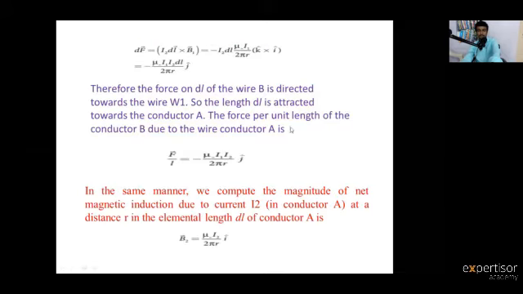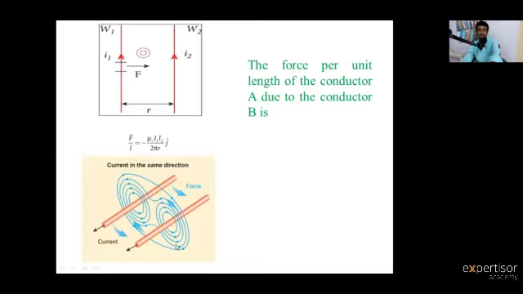Before, the equation was the force generated on conductor 1 by conductor 2. Next, force per length at conductor 2. See here, this is conductor 1, this is conductor 2. The force generated in conductor 1 is applied on conductor 2.